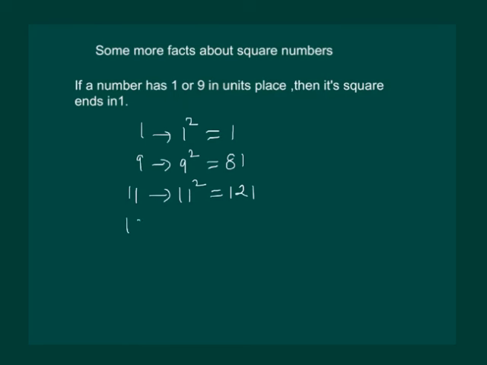If the number is 19, 19 square is equal to 361. If the number is 21, then 21 square is equal to 441. Clearly, all the squares end with 1 whose number's units place was either 1 or 9. So the property holds.